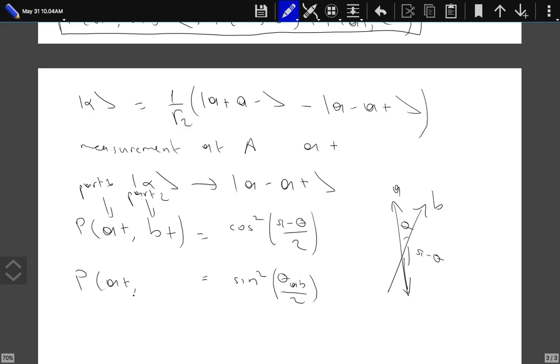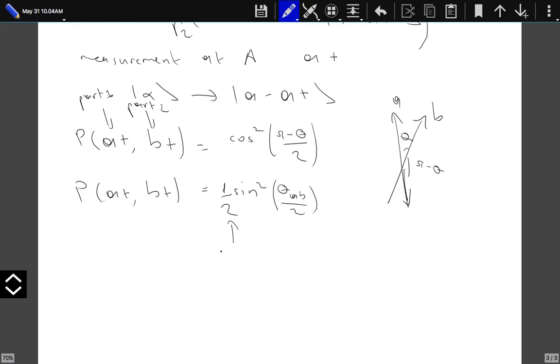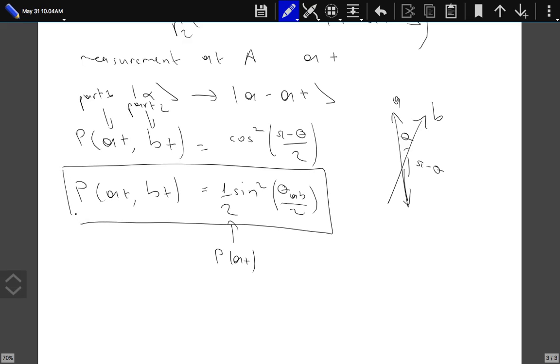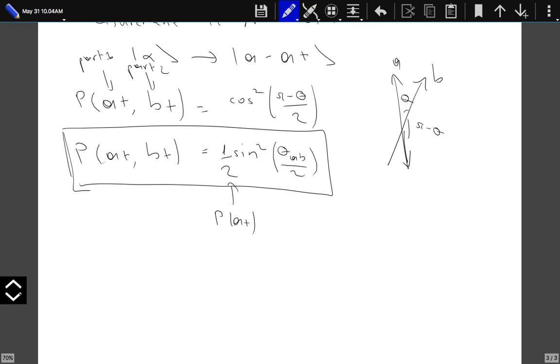Now if I start with my initial state without any measurement, the probability of measuring a plus is 1/2. If I measure a plus, then the probability of measuring b plus is just sine squared theta over 2. So this is the first probability of measuring a plus first. Then we can work out the probability of a plus and, let's say, c plus.